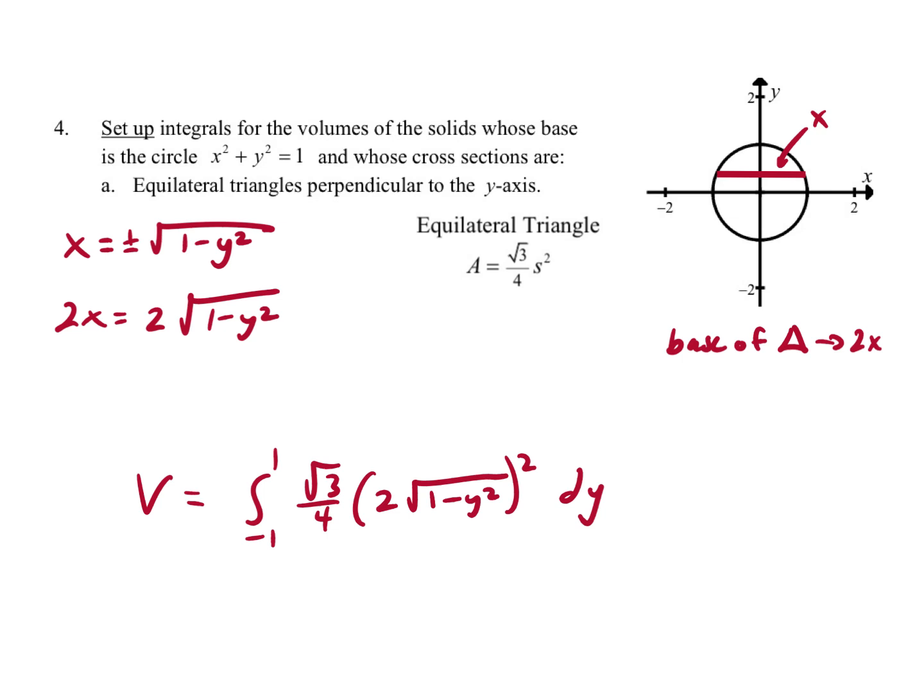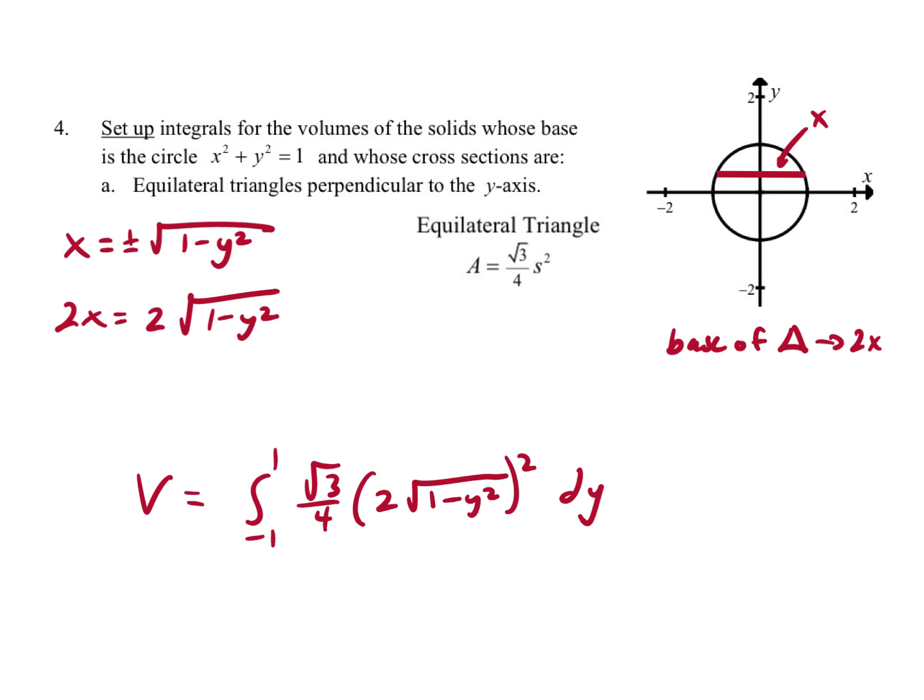And then if we were to solve it, take the square root of 3 over 4 on the outside. I would take the square root of 4, because this is being squared, that's 2, so that's just the square root of 3 over 2 on the outside. But you could just throw this out here and integrate that. The squaring and square rooting is going to cancel, and then the integration really is not that difficult.